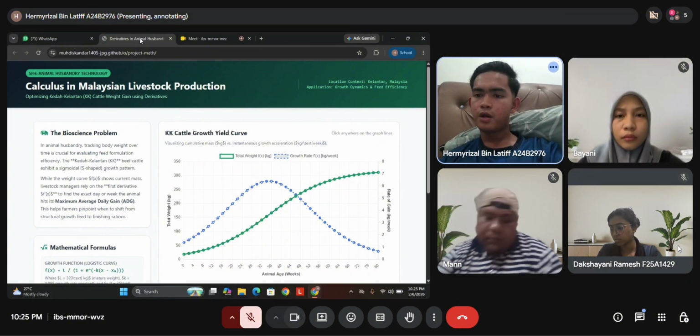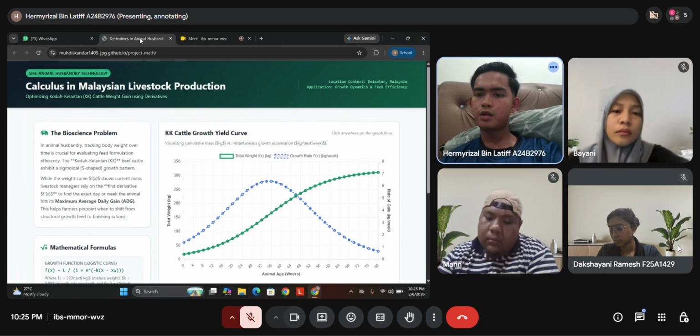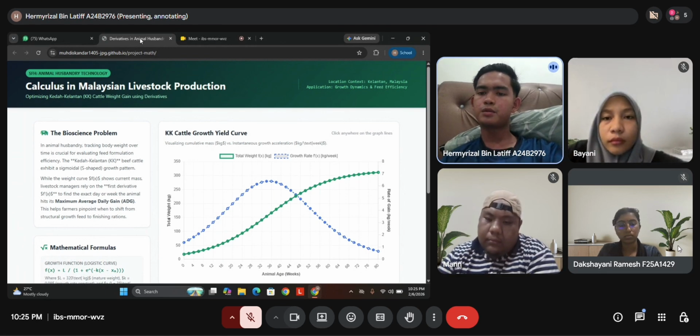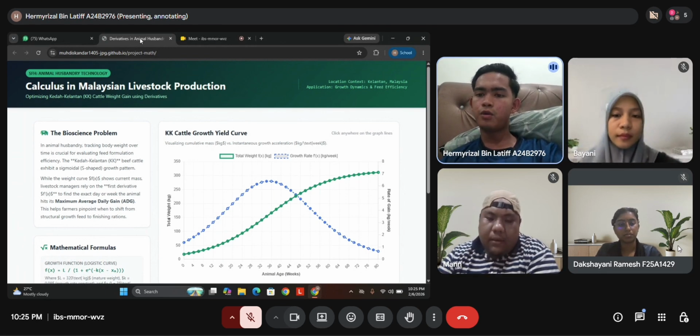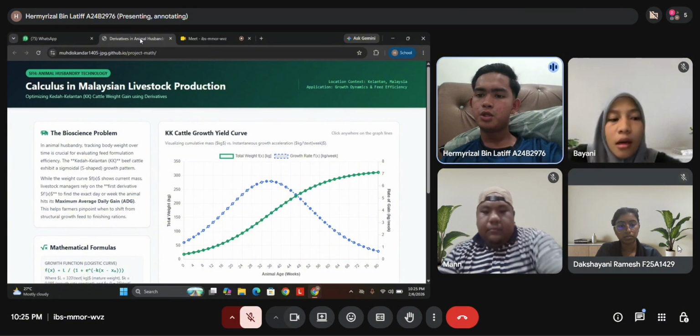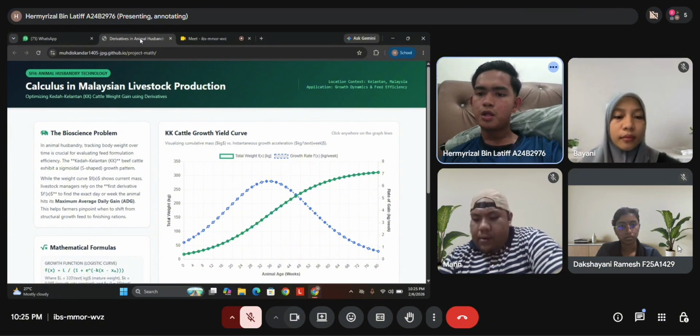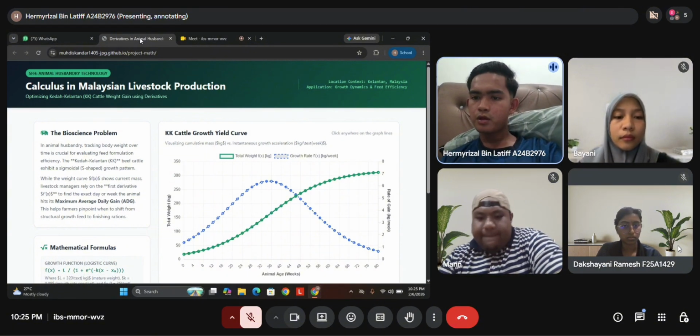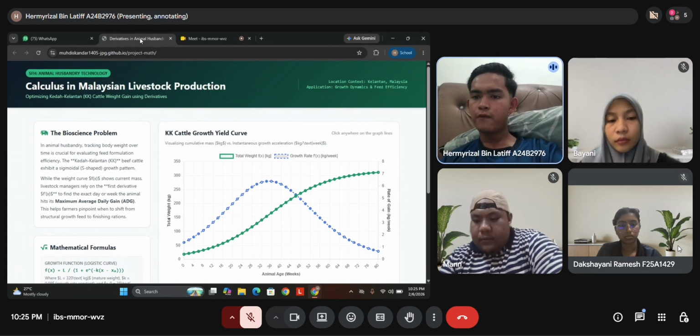The blue curve represents the growth rate in kilograms per week. Notice how the curve forms a bell shape. It reaches its peak exactly at 35 weeks, hitting a maximum growth rate of about kg per week.